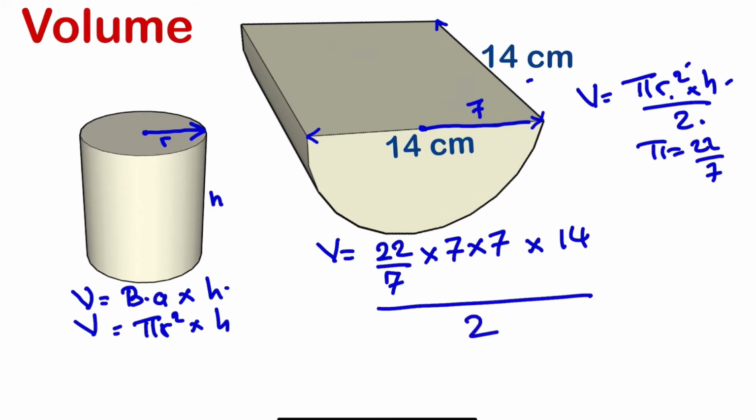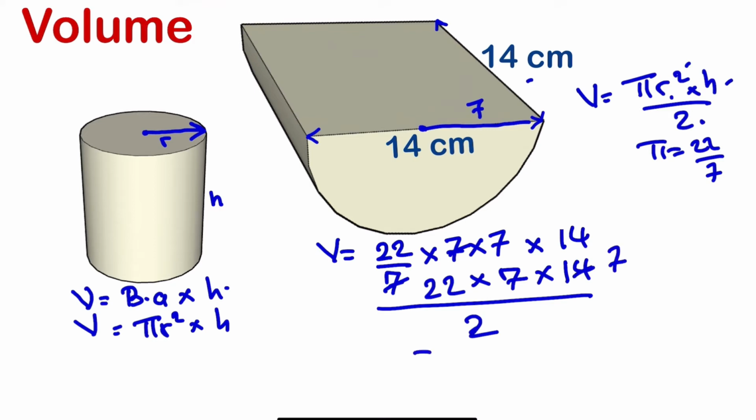If we simplify this, we know that this 7 and this 7 will cancel out. We'll be left with 22 times 7 times 14, all over 2. Next, we can simplify further: 14 divided by 2 will give us 7.